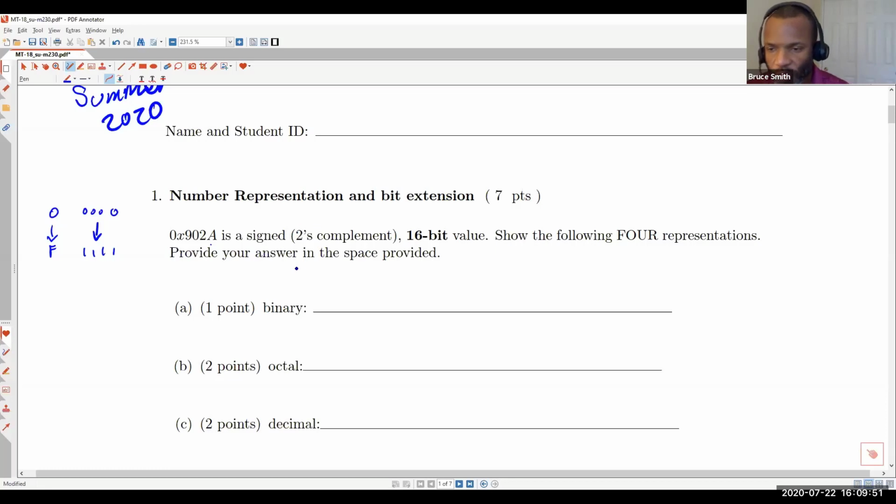So each one of those 4-bit chunks is a nibble. There are indeed 4 nibbles here. So 4 times 4 is going to give us our 16 bits that we're looking at.